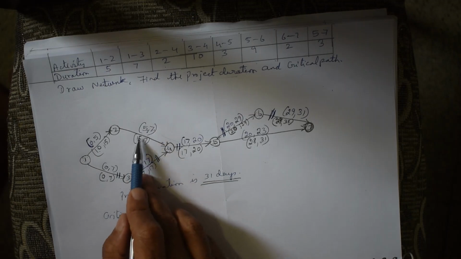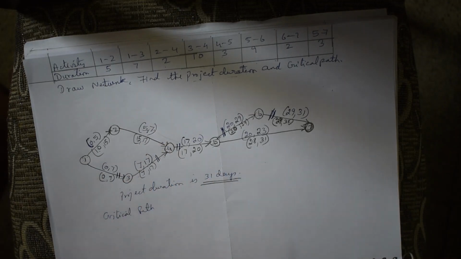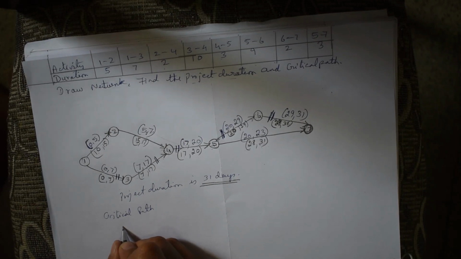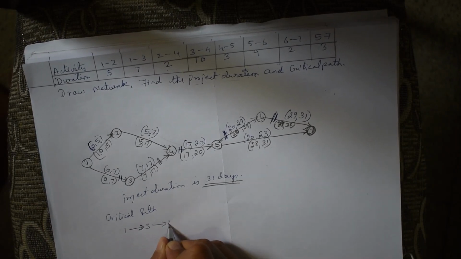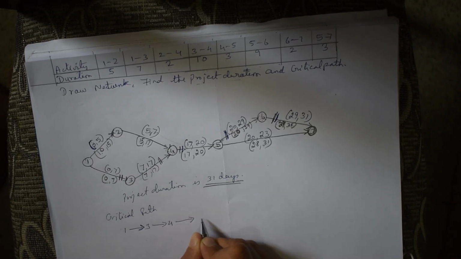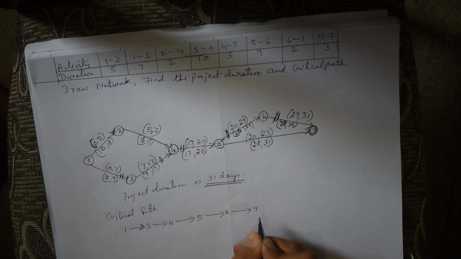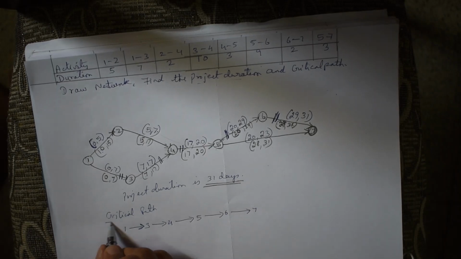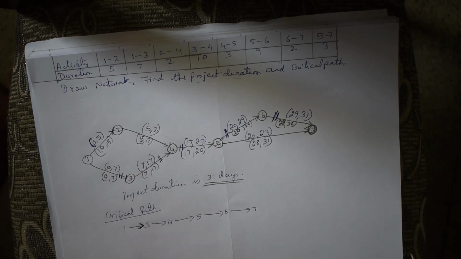Similarly, 2 to 4 also is not the same. 1 to 2, 2 to 4, 5 to 7 are non-critical, whereas 1 to 3, 3 to 4, 4 to 5, 5 to 6, 6 to 7 are critical activities. Hence we call this the critical path.